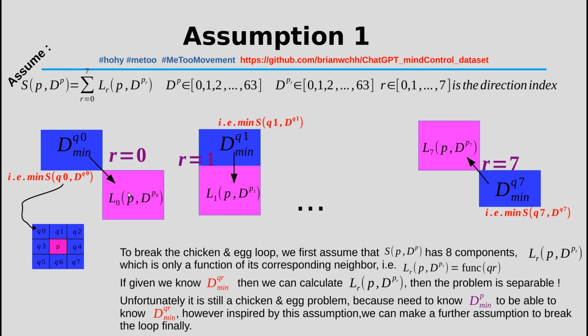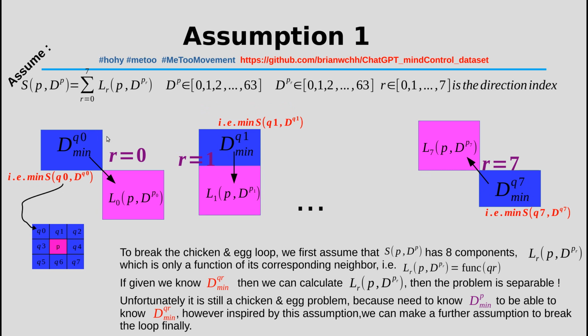And L1 is only a function of its neighbor Q1. So you have these 8 components here, and the last component is only a function of this Q7. So now you get the idea. You decompose this problem one step.